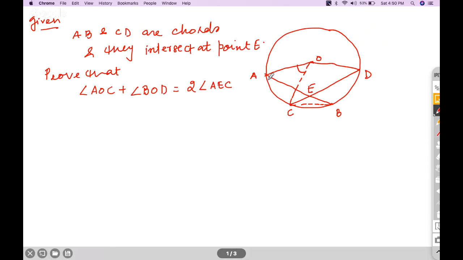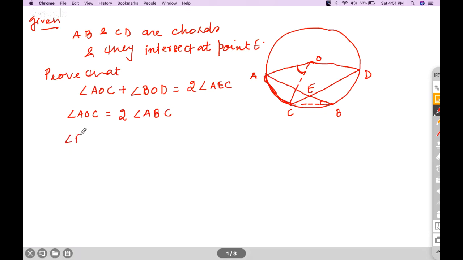If this angle is AOC, it means that I am talking about this particular arc. So arc AC is making angle AOC. So angle AOC would be 2 times the same arc AC is making angle ABC. So it will be 2 times angle ABC.